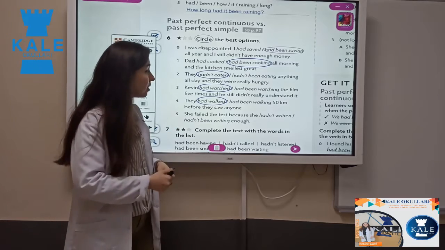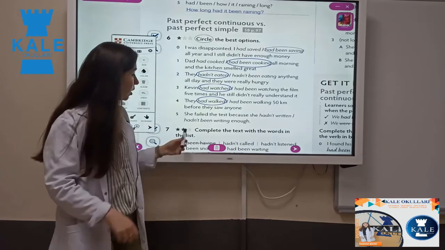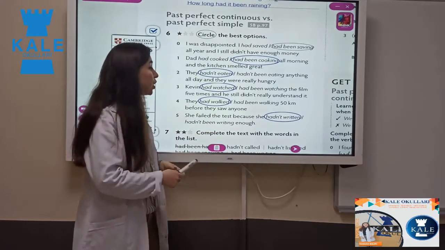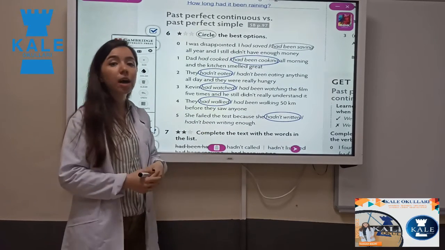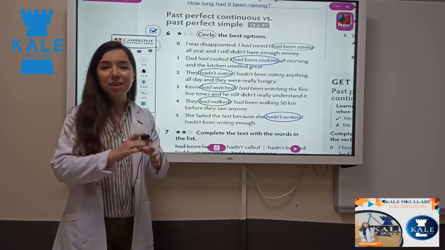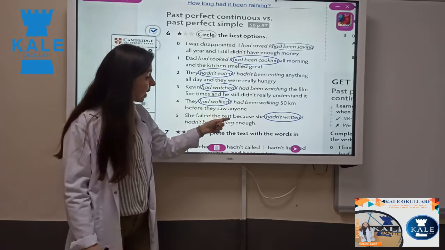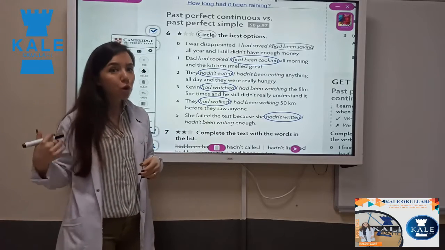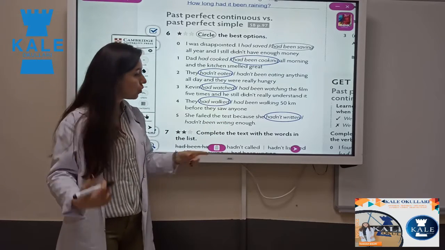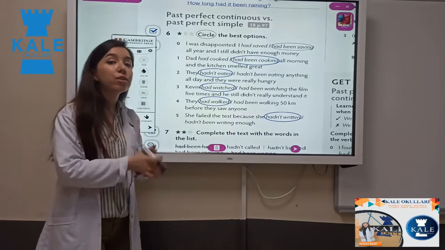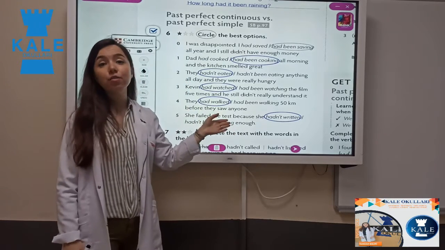She failed the test because she hadn't written or hadn't been writing, because she hadn't written enough. There is no specific, for example, period of time. So she failed the test. Why did she fail? Before she failed, she hadn't written enough. If she had written enough, she wouldn't fail the exam.